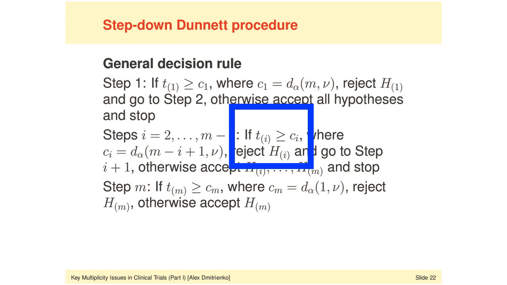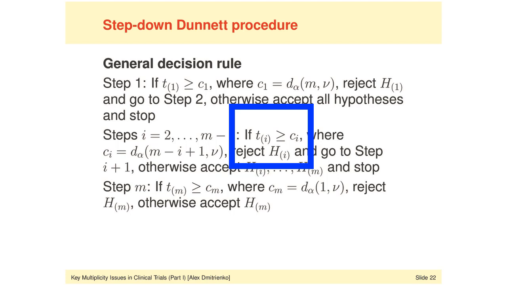And in this particular case, if we take a closer look at this step-down procedure, we see that each hypothesis is tested using a successively lower critical value. Specifically, C1 is greater than C2, which is greater than C3, and so on. And thus it is getting easier to detect significant differences toward the end of the sequence, and this results again in the power gain compared to the single-step Dunnett procedure.